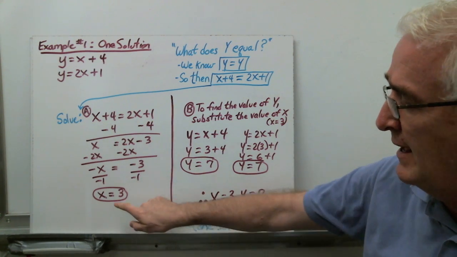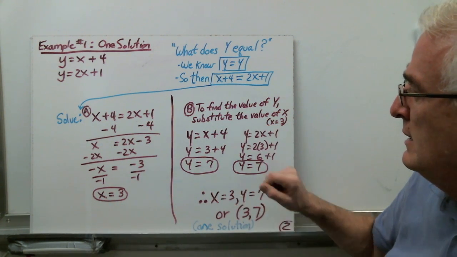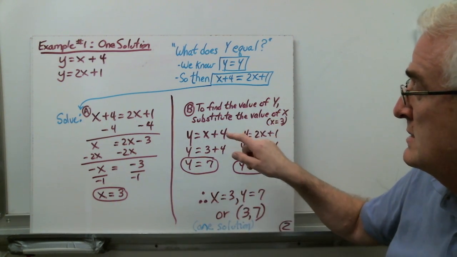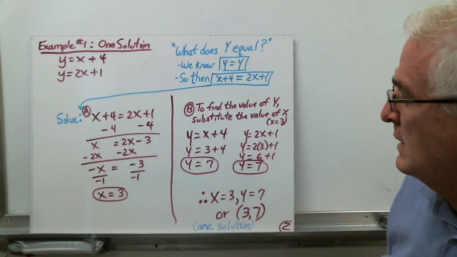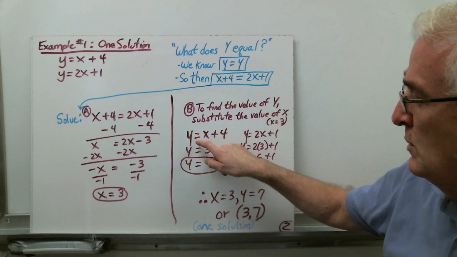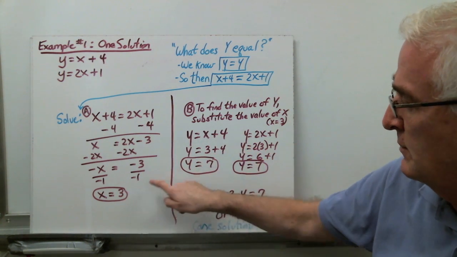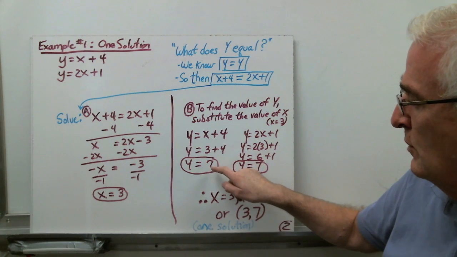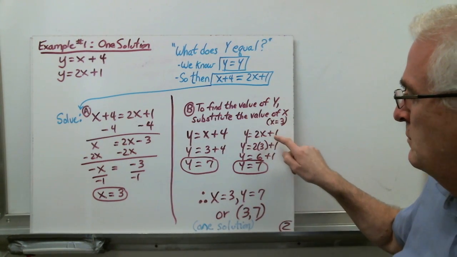Now we're going to take our value, x equals 3, and find the value of y. To find the value of y, we substitute the value of x into both of these equations. So the first equation was y equals x plus 4. We put a 3 in here because that's our value of x. 3 plus 4 equals 7. The second equation, y equals 2x plus 1.